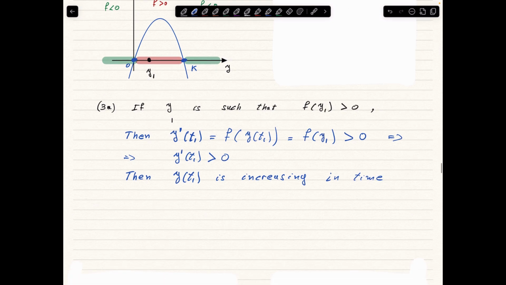Okay, then what happens if we have another time t2 that is bigger than t1, but close enough, close to t1 but bigger?